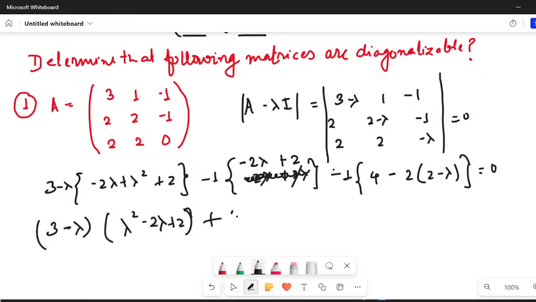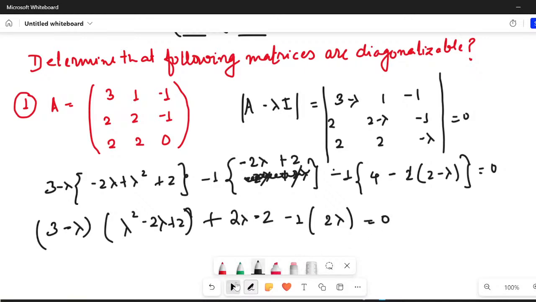So this will be like 2 lambda minus of 2, and this will be minus, this would get cancelled, 4 minus 4 would get cancelled, this is minus 1, two lambda, right? Minus 2 into minus 2 lambda. So this is, I think, 2 lambda. I think this is fine, is equal to 0.